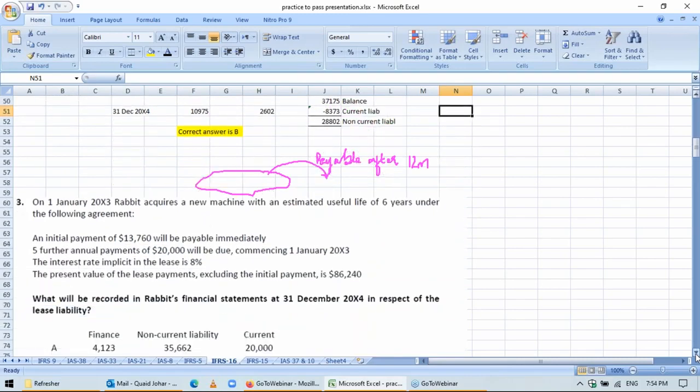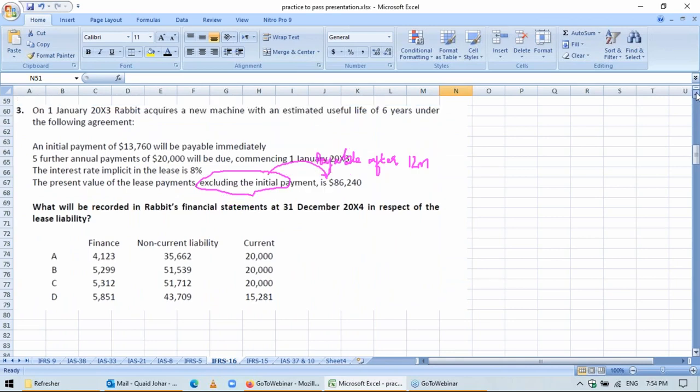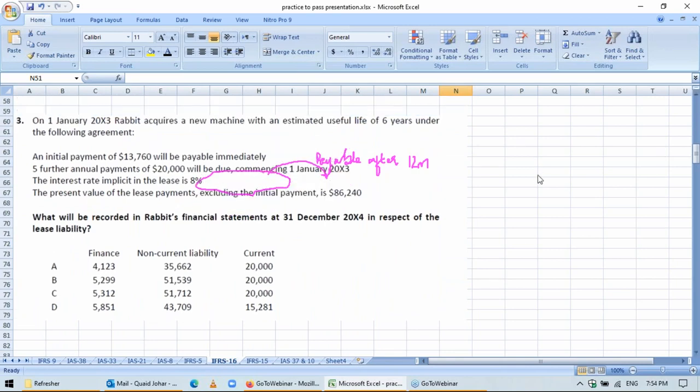Question number 3. Now three things have been asked. Let's check the date first. What date do they ask? They're asking on 31st December 2004, and the lease has been signed on 1st January 2003.